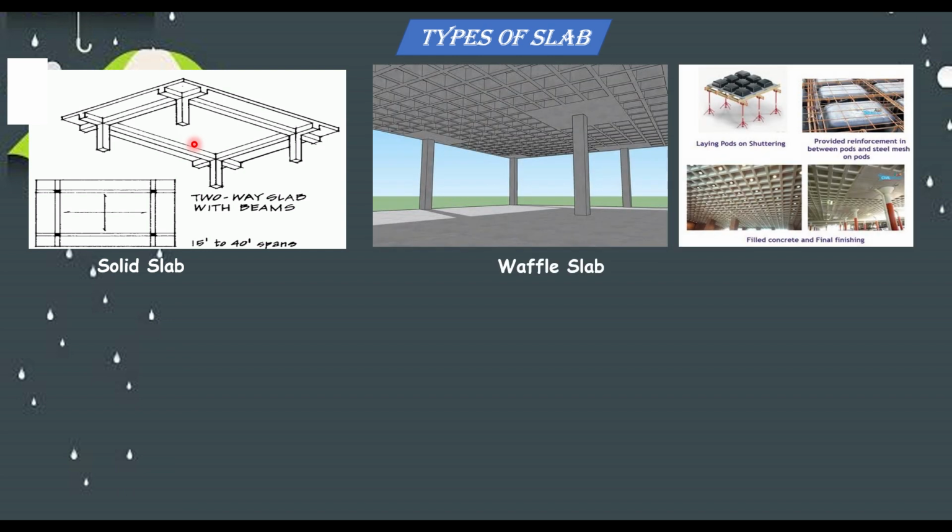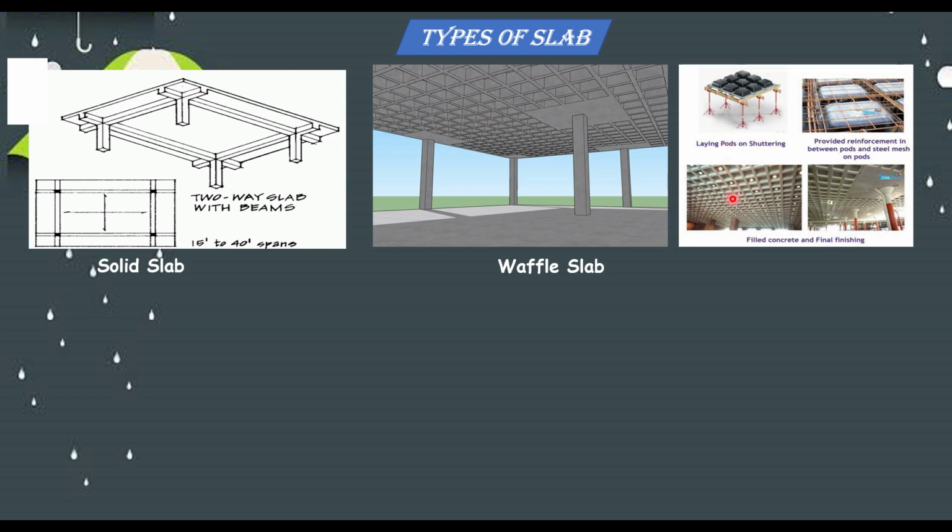This kind of slab is used for longer spans, and it is basically used in public buildings with longer span and high live load. This waffle slab is just a little bit different from the rib slab, in that the rib slab is in one direction, but the waffle slab is in two directions.